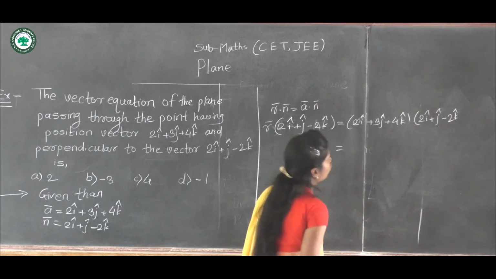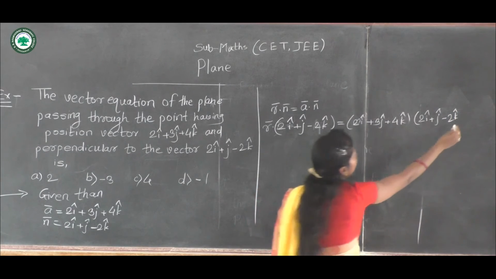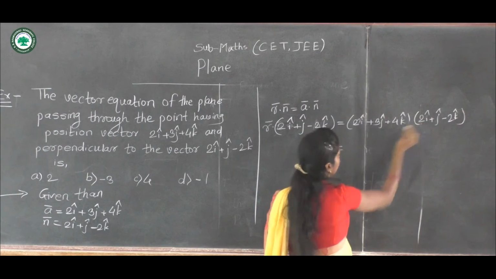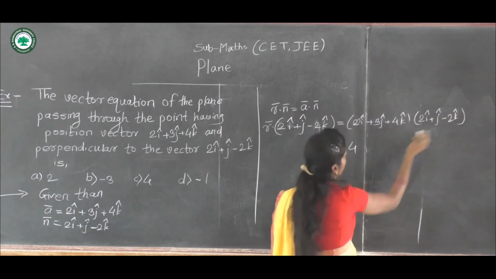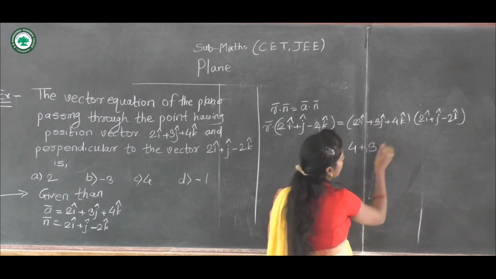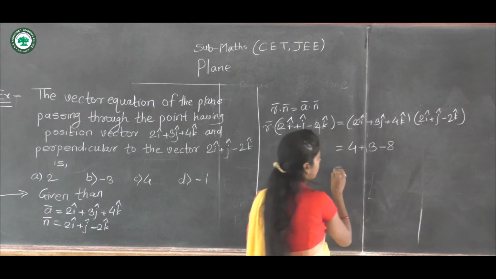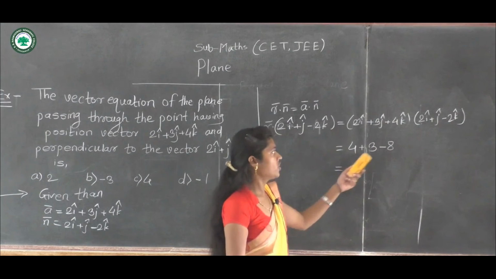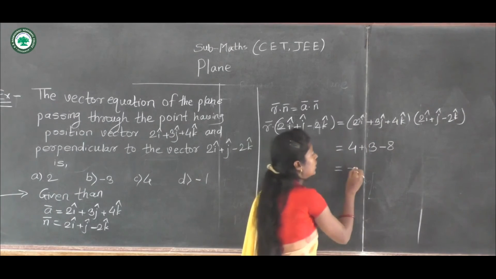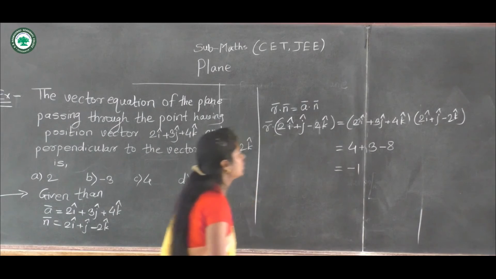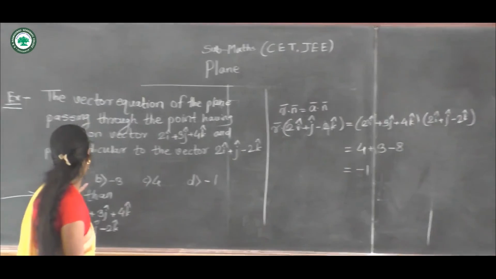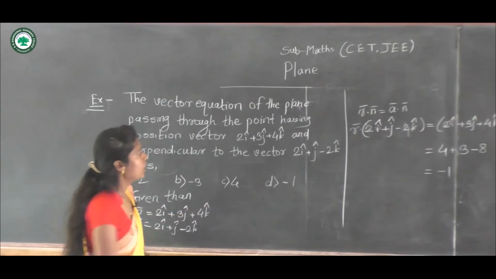Taking the product of these two, 2 into 2 is 4, 3 into 1 is plus 3, and 4 into minus 2 is minus 8. Taking addition and subtraction, the value is minus 1. And see, the minus 1, which option is D.